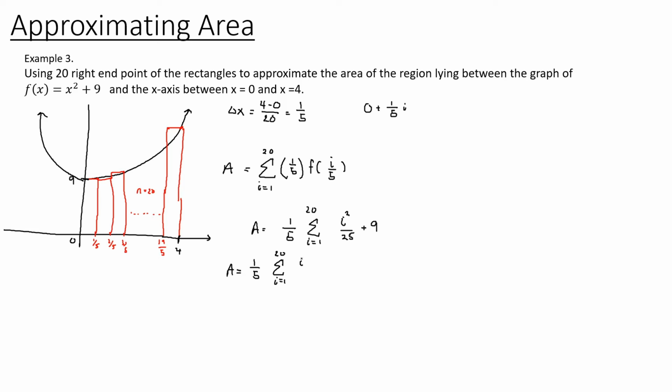Find a common denominator, which happens to be 25 in this case. So 225 over 25. Again, we have a factor of 1 over 25 that is common.